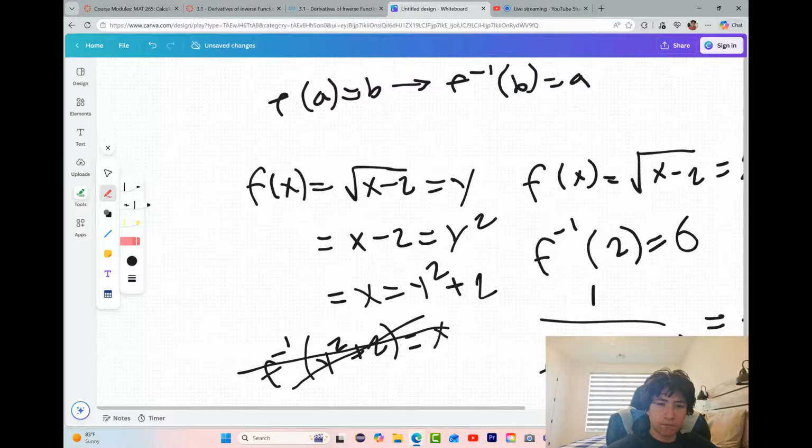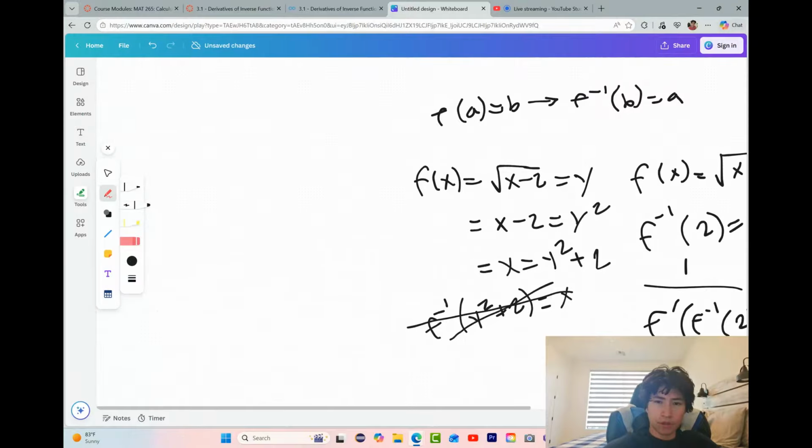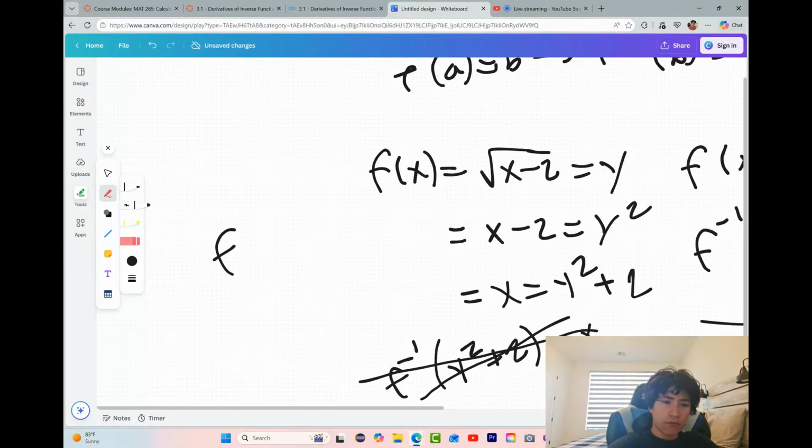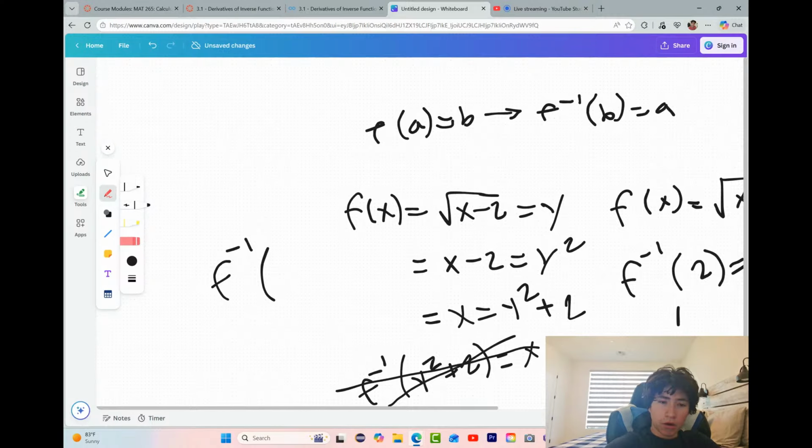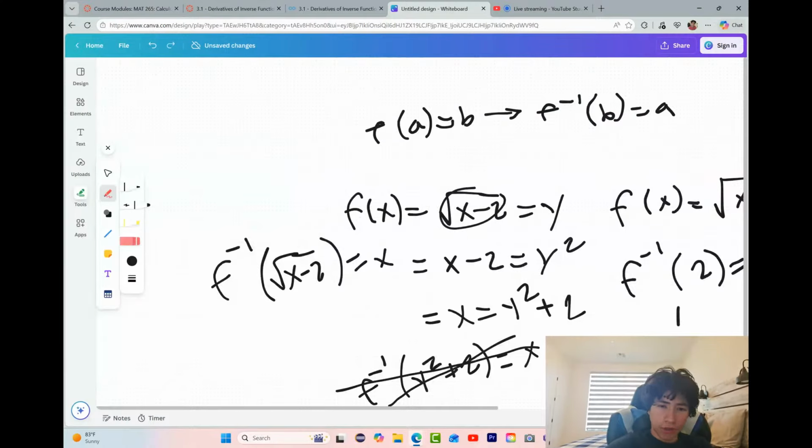So I think I'll have something like f inverse of square root of x minus 2 equals x. I think that makes more sense. So f of a, so this is like the x, and I'll get b. And then f inverse of this is going to get that. Okay.